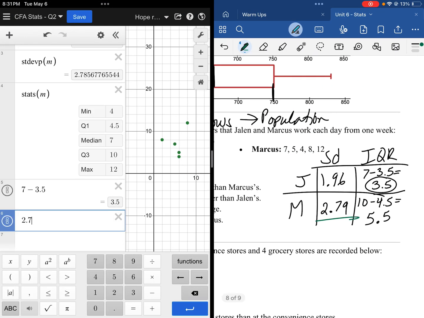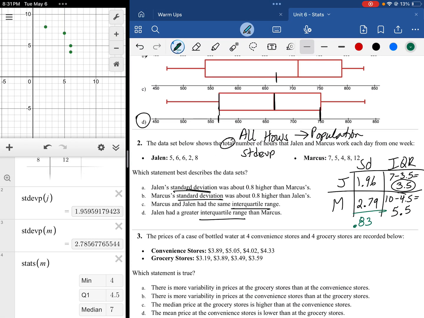So 2.79 minus 1.96, and we get 0.83. We don't need to subtract the IQRs because we already did that. Whose was higher? If we look, Marcus's was higher. So it's not true that Jalen's was higher, so we can mark out A.